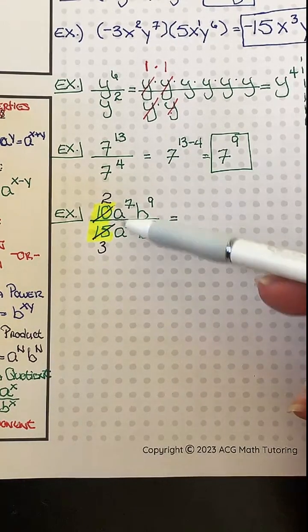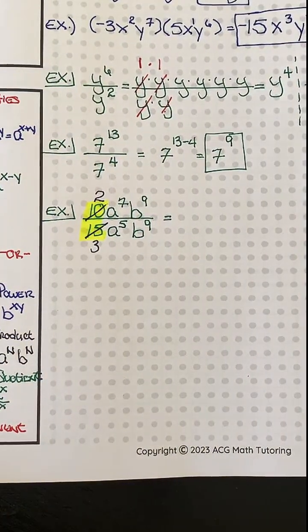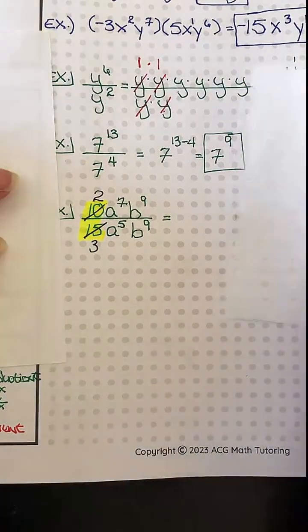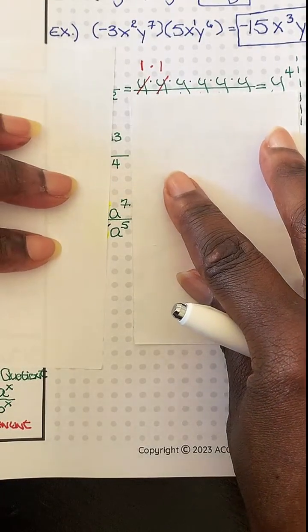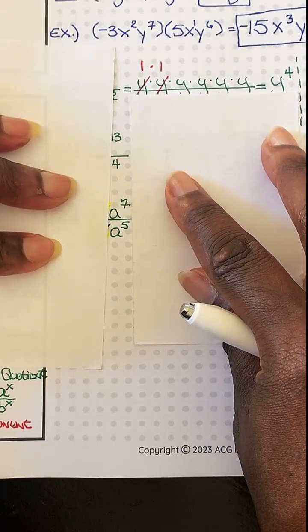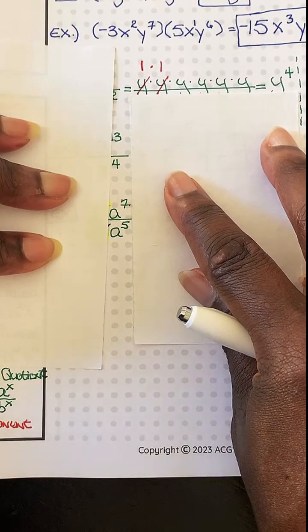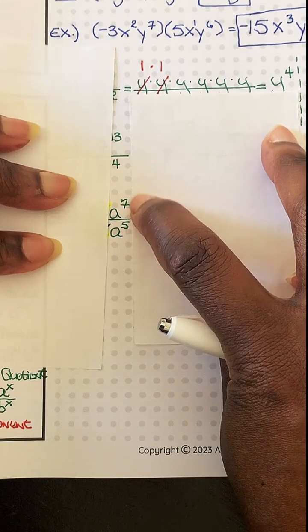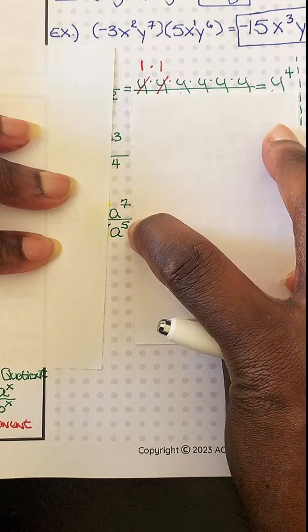Now, let's go with our A's. Let me see if I can get my other piece of paper. And then we can focus our attention on one spot at a time. So here we are. We have a to the 7th and a to the 5th. They both have the same base, so we're going to subtract the numerator's exponent minus the denominator's exponent.